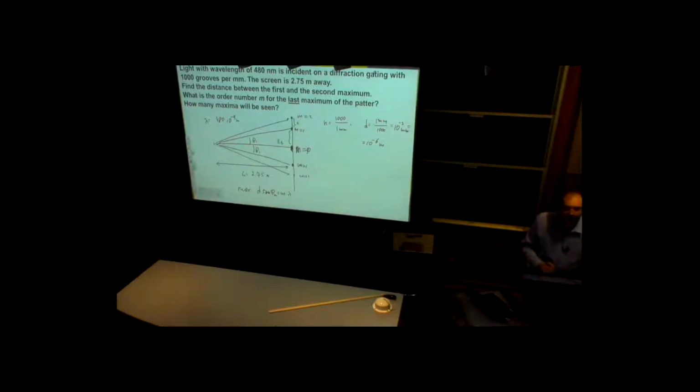We call it L1, the distance from the central maximum to the first one. We can calculate the distance from the central maximum to the second one. We call it L2. And if we look at the picture, the distance which we need to calculate is just that. And that's what I want to say about it.